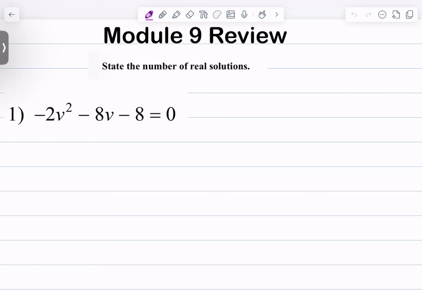How we figure out the number of real solutions I have, remember, is based off of the discriminant. That is b squared minus 4ac, that part of your quadratic formula, and it lets us know how many real solutions I have.